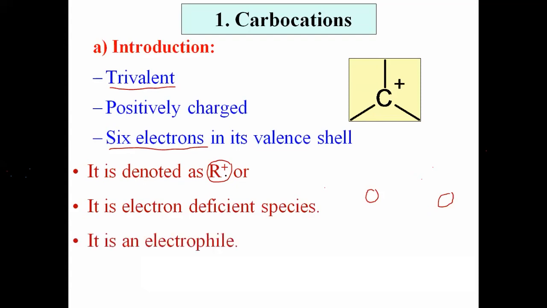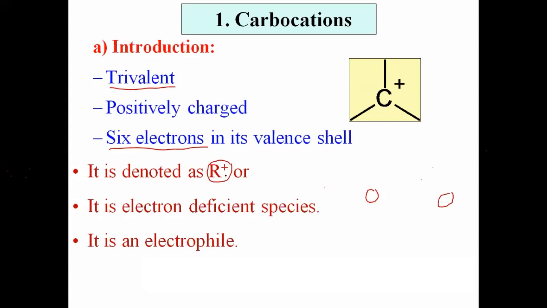Next point, yes, it is an electrophile. Carbon has positive charge, and we know that positively charged species are called electrophiles. Here also the carbocation is an electrophile because it has positive charge. Also, in chemical reactions the carbocation has a tendency to accept an electron pair. Why does it accept an electron pair?